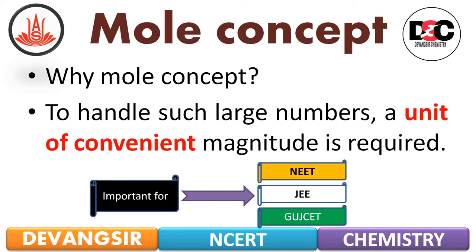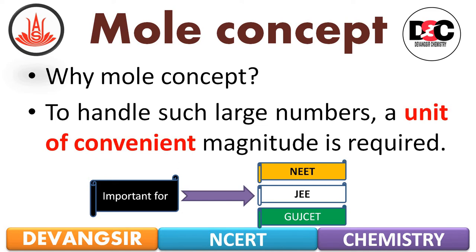The topic is the mole concept, which is very important for all three exams, that is NEET, JEE, and CET. Before starting the mole concept, I'll tell you why there is a need for it. Chemistry is the science of atoms and molecules, and their size is very small.